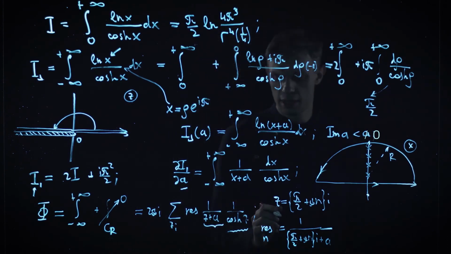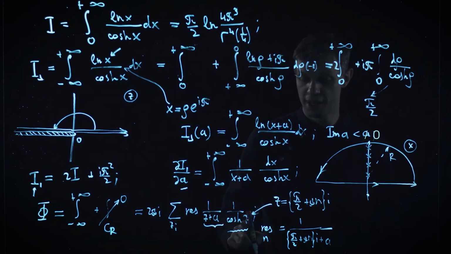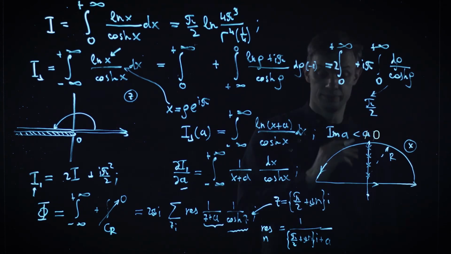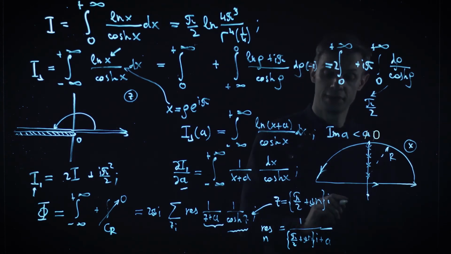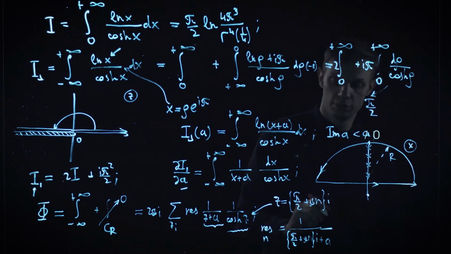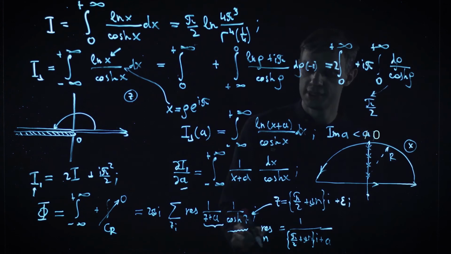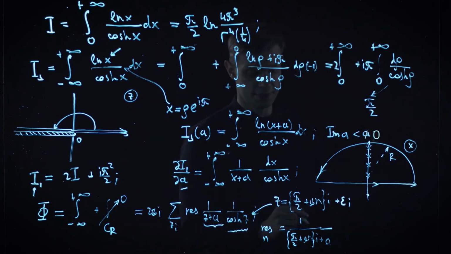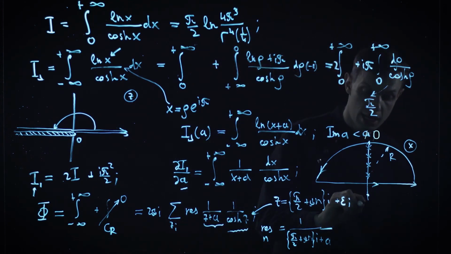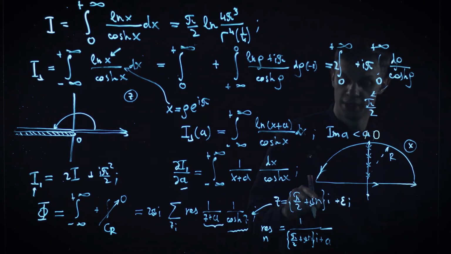So if we just figure out the expansion of this cosine hyperbolic near the pole, you basically add a very small epsilon parameter and see how the whole thing behaves as a function of epsilon. And what you get is cosine hyperbolic of pi by 2 plus pi n I plus epsilon.